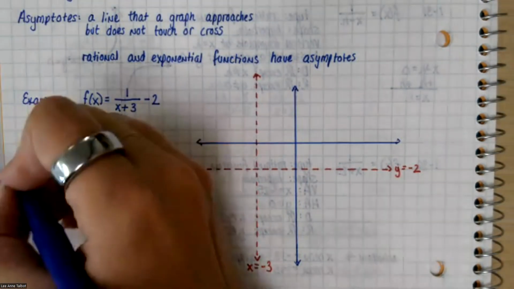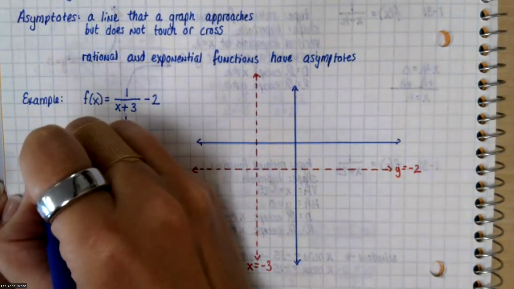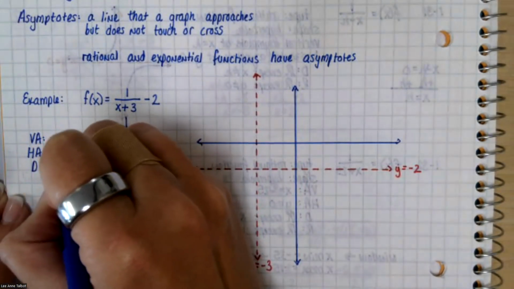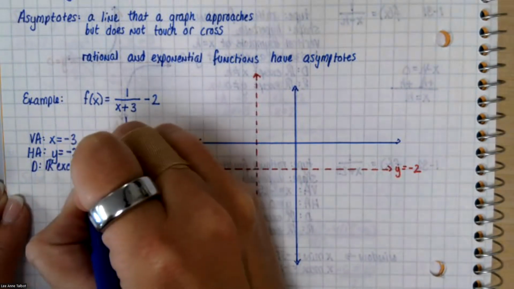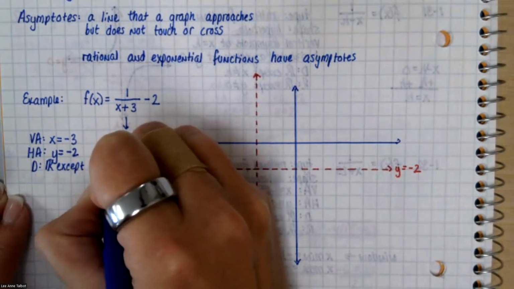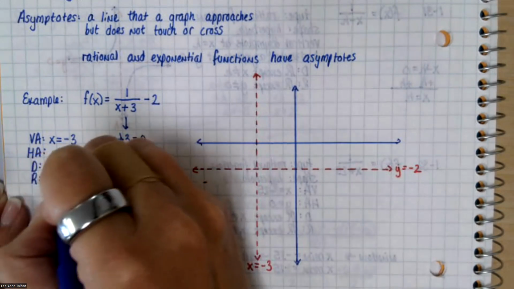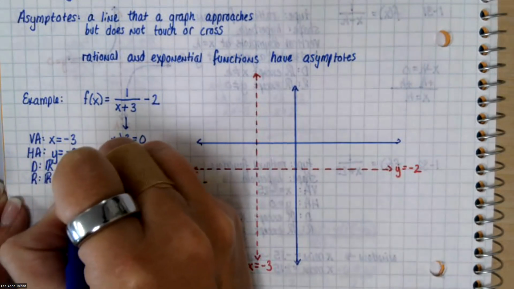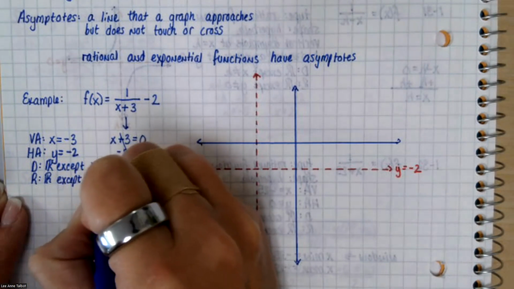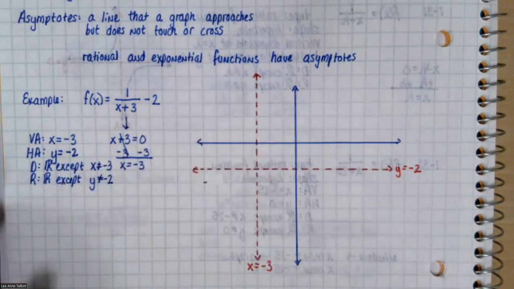I know two more things. I know the domain is everything except x can't be -3. I know the range is everything except y cannot be -2.